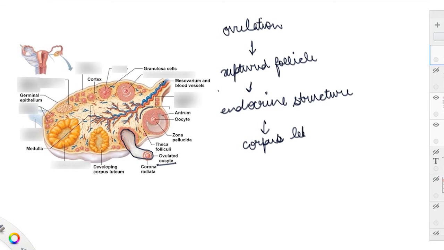This corpus luteum is very important as it secretes a hormone, and it is also important during the fertilization step. Why is it important? Because it secretes the hormone that we have already discussed, progesterone. We talked in the beginning that the ovary secretes two hormones: one is estrogen and the other is progesterone.